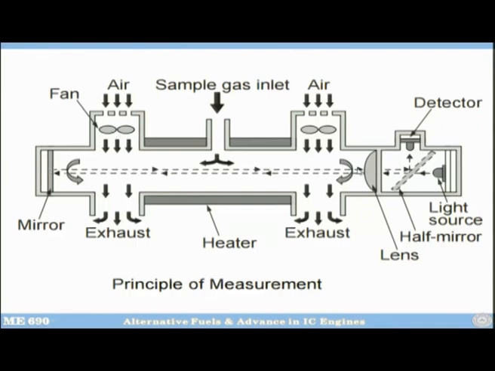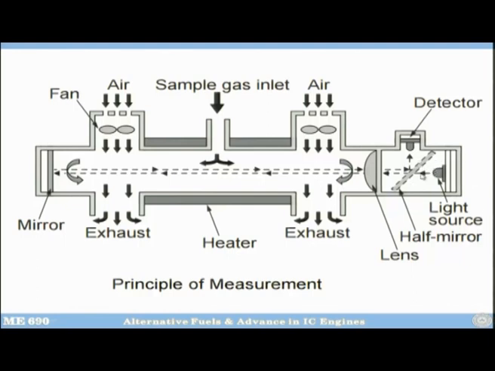Okay. So, what you are doing is that you put these fans on or off in the first place, the exhaust gas comes in from here. So, exhaust gas goes on both sides. When the exhaust is put in, this whole thing is filled with smoke. So, you have the light source here, and this is a half mirror.